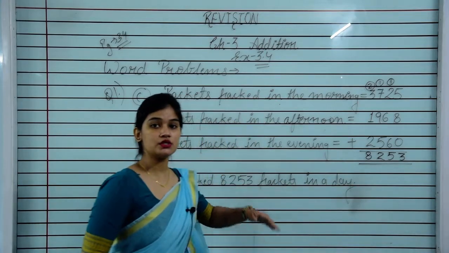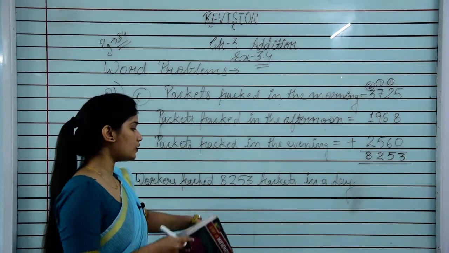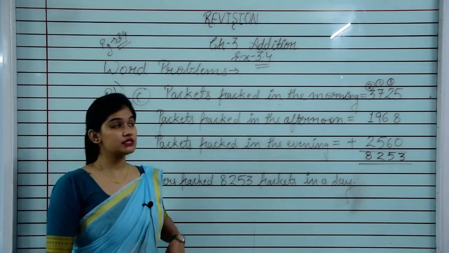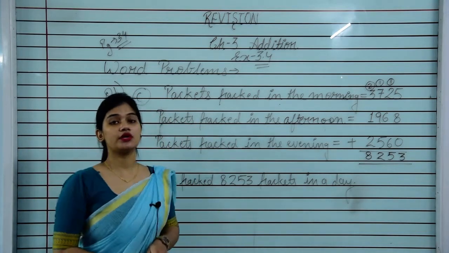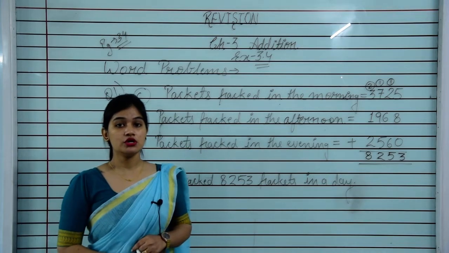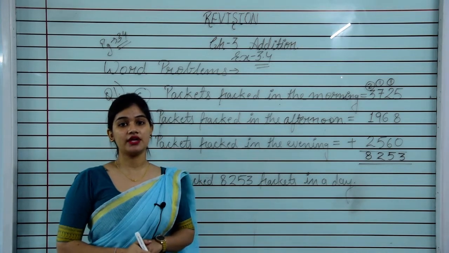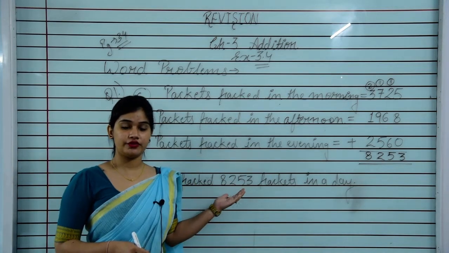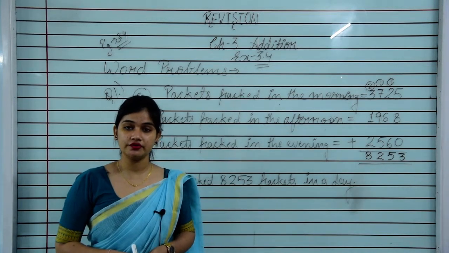How many packets did he pack in a whole day? 8253 packets. Understood students? So students, in this way you can solve the word problems also. So students, here today we have seen addition, facts of addition and word problems. I hope you understood it well. Thank you.